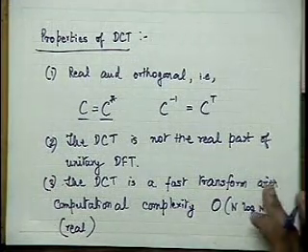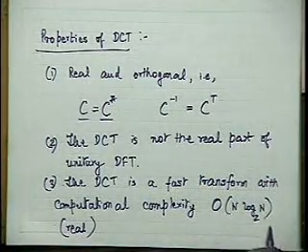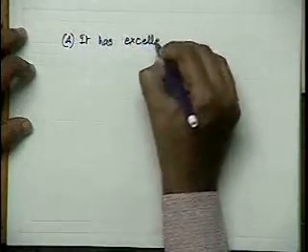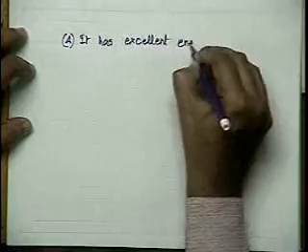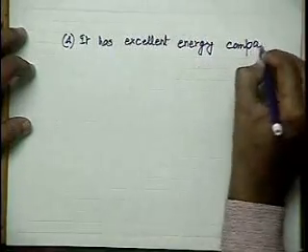And the fourth property, which makes the DCT very useful, is that the DCT has excellent energy compaction. What is meant by the energy compaction property?